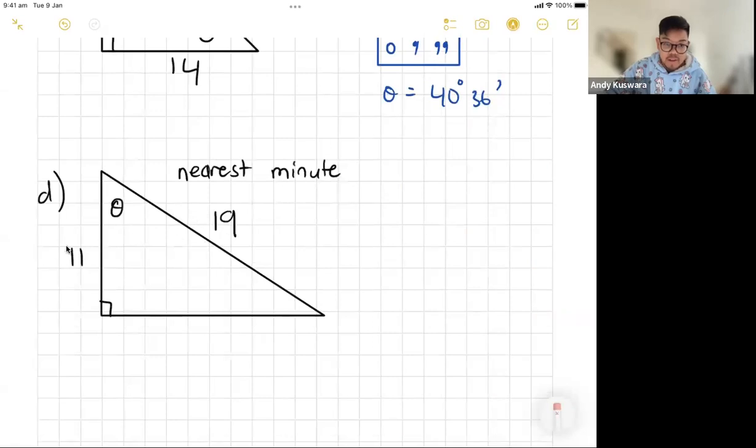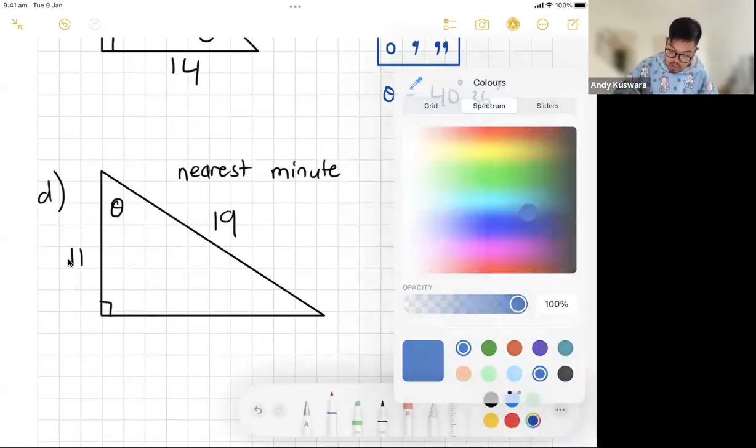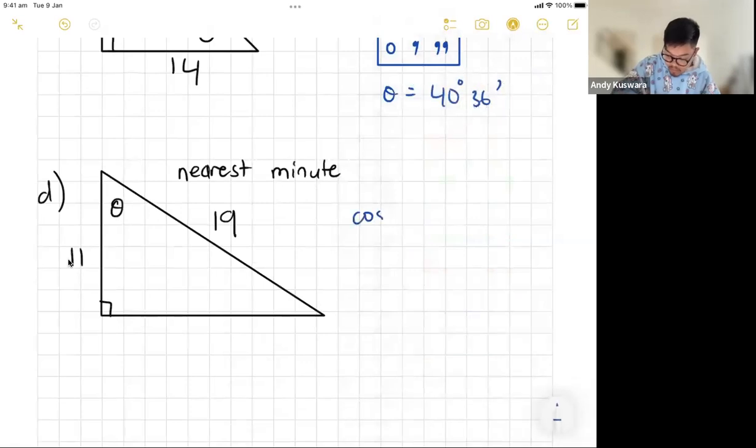Okay. And last one here, we've got a hypotenuse and an adjacent. That is a cos. Well done for bearing with me. I'm going to say cos of my angle is A over H. And so again, to find theta, I would just go shift cos.